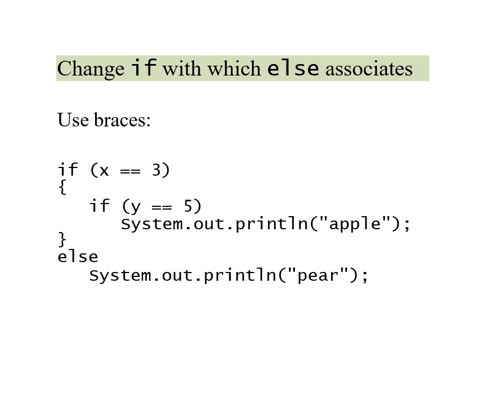All right, now we can change what else associates with using braces. In this example, I am putting braces around the if part of this if here. And so this whole thing here is a simple if. I'm forcing this whole thing inside here to be a simple if, which means that the else has to associate with the first if, not the second if.